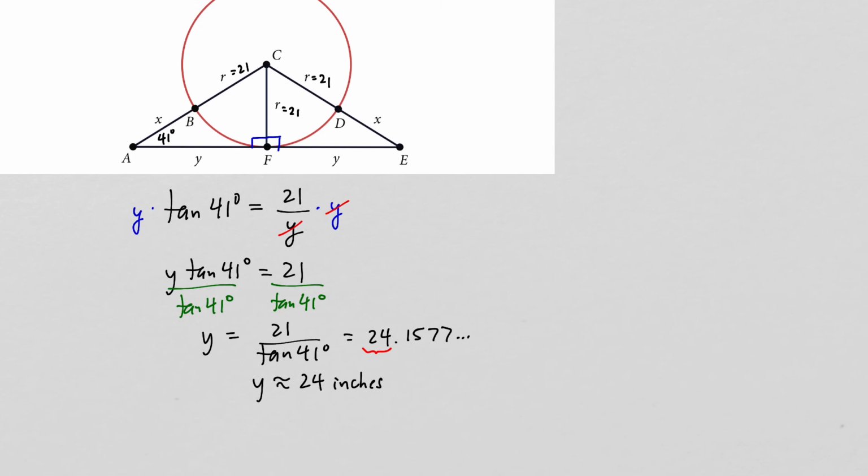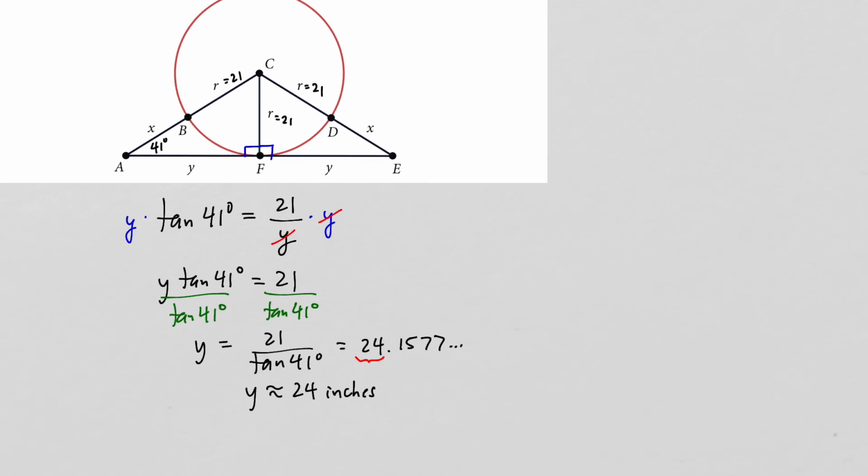And now to solve for x, we're going to do a similar type of thing. Notice that x is this line segment right here, and that segment is part of the hypotenuse of this triangle. So we need to notice that the hypotenuse from here to here is x plus 21.